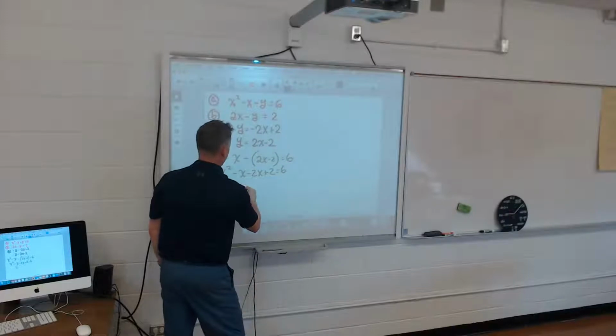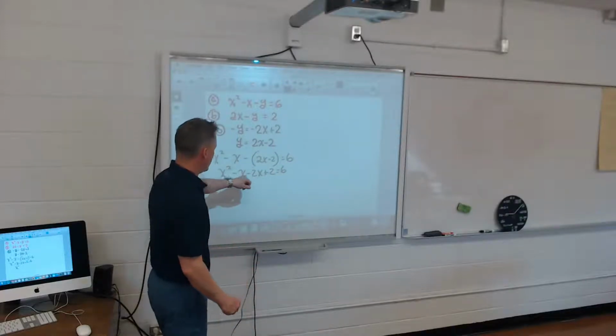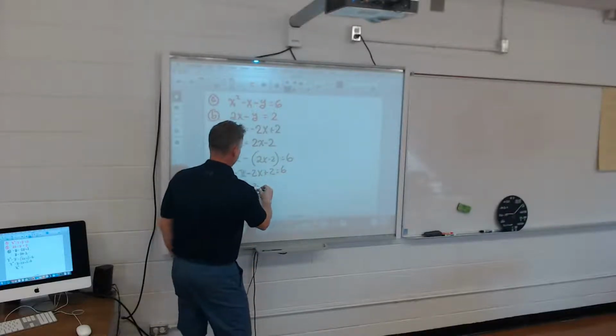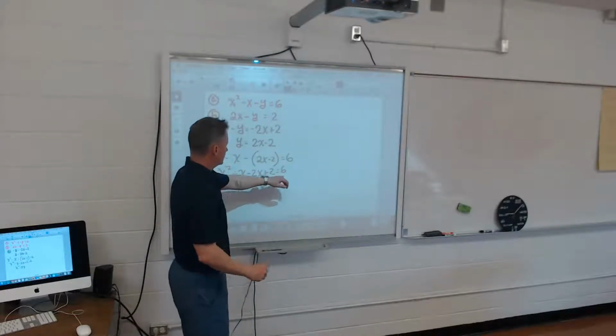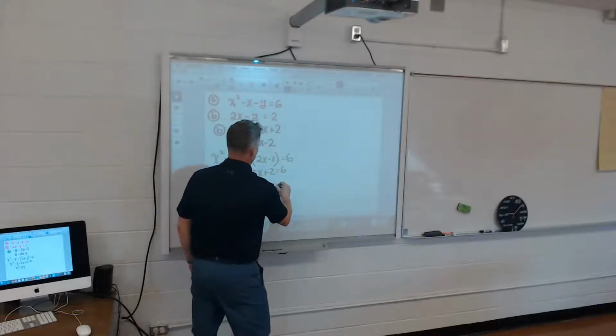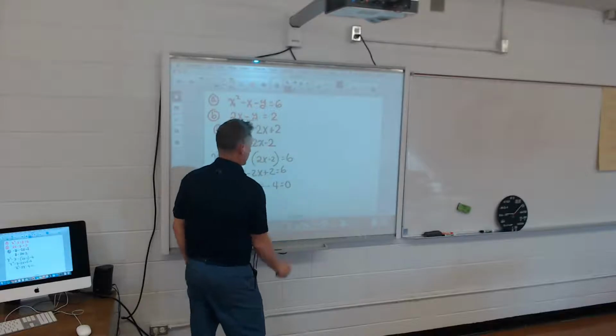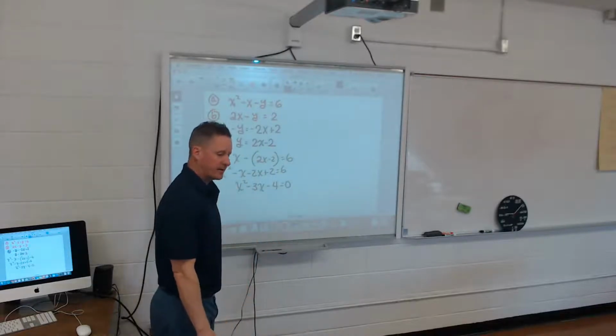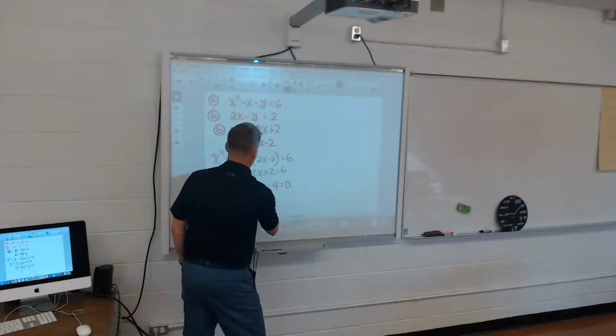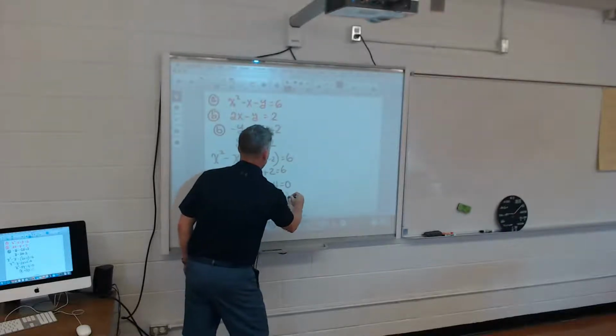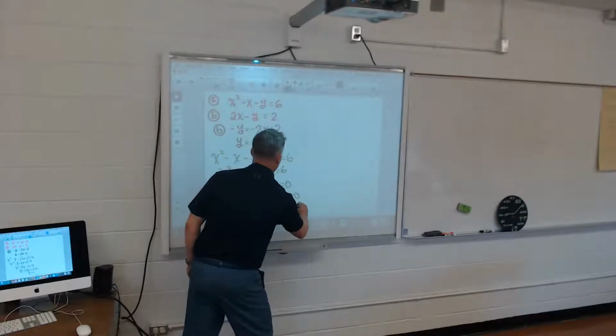Collect all my like terms. X squared, so that's minus 3x. I subtract 6. That makes a negative 4 equals 0. And then I'm back to factoring again. X minus 4, x add 1 equals 0. X is equal to 4 and negative 1.